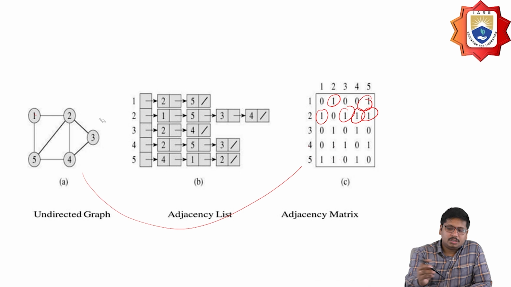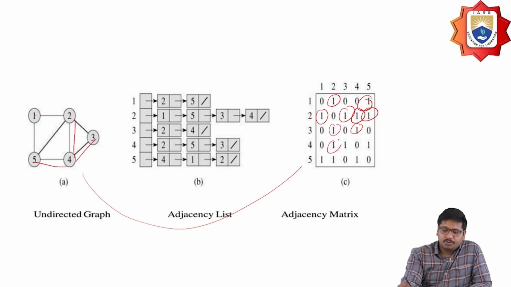Again, we can then consider 3: 3 to 2, and 3 to 4. 4, you are going to consider 4 to 3, 4 to 2, and 4 to 5. That means 5 to 1, 5 to 2, and 5 to 4.